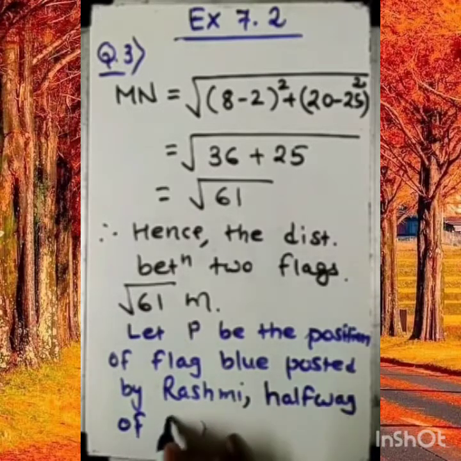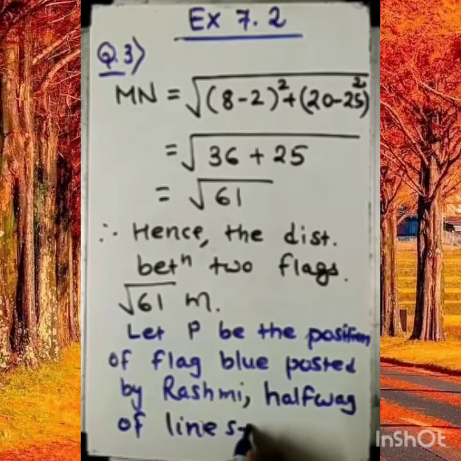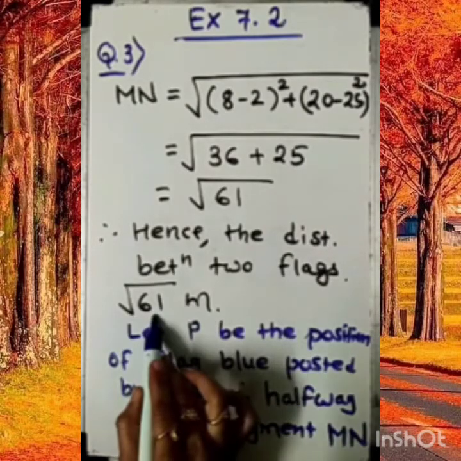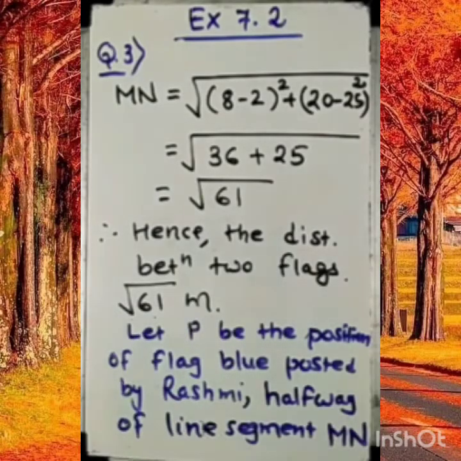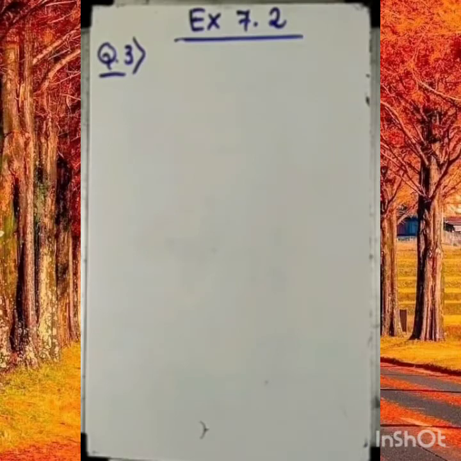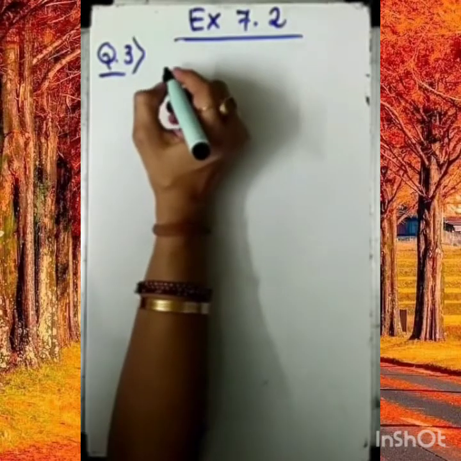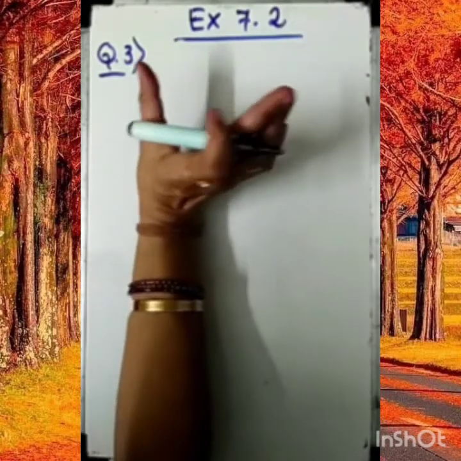So whatever the distance we have here, under root 61, half of this is the distance between the two points M and N. Now, whenever it is the halfway, we need to apply this formula. Actually, we need to find the coordinates of point P.